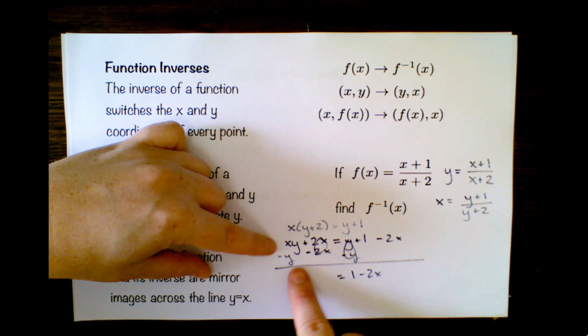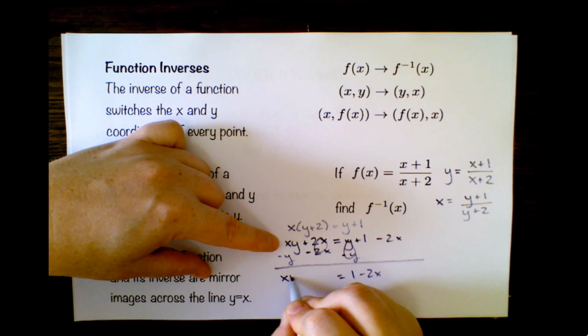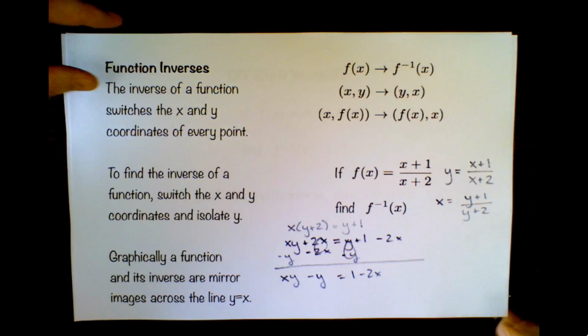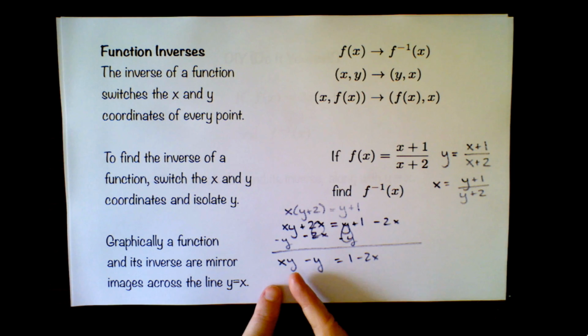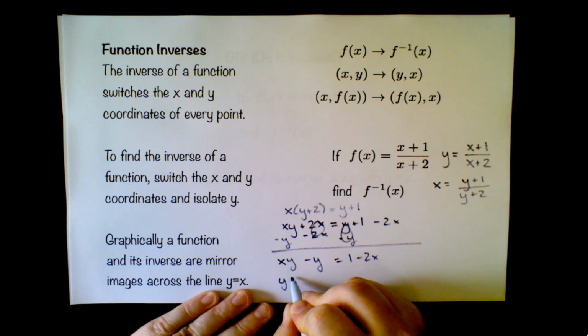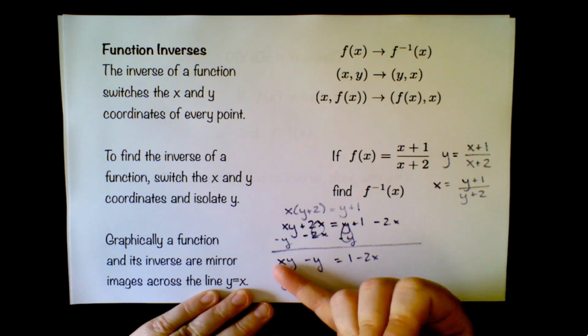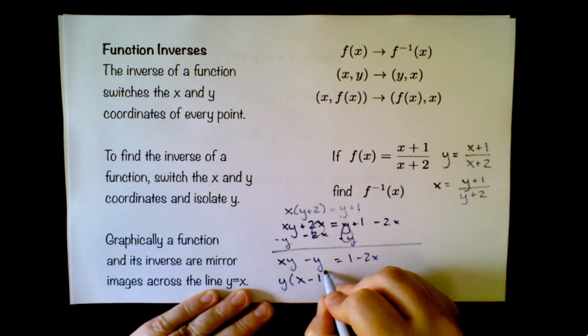I can't do that subtraction because I don't know what x is. So all I can do is write it down, xy minus y. Well, I noticed that both of these terms have a y, so I'm going to factor that y out. This is y times x minus this is y times 1.